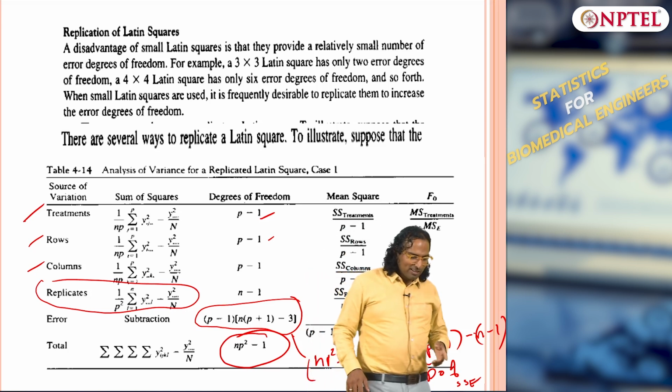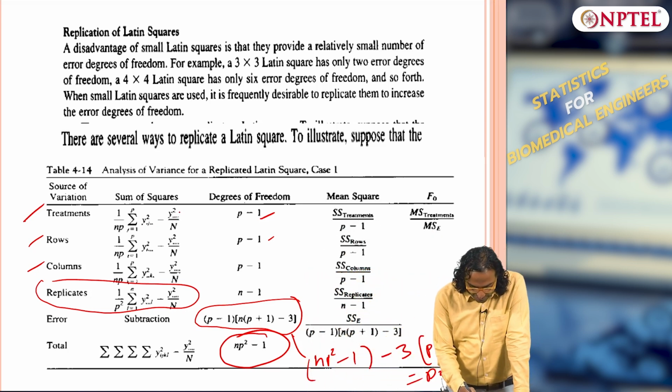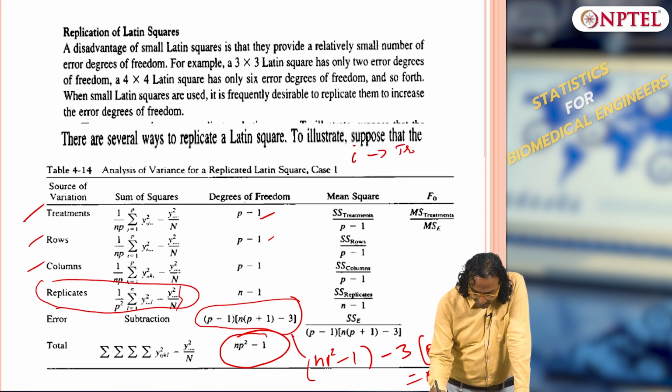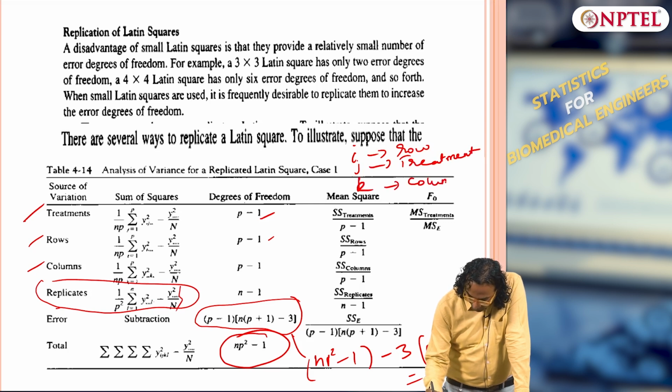Okay. So you look at the formula, that will always be the same: y i square minus y quadruple dot square divided by n p squared, the grand mean. Okay. And for replicates it will be y triple dot l square, where l is the replicate index. i is the row index, j I have noted here as treatment, k as column, l as replicates.